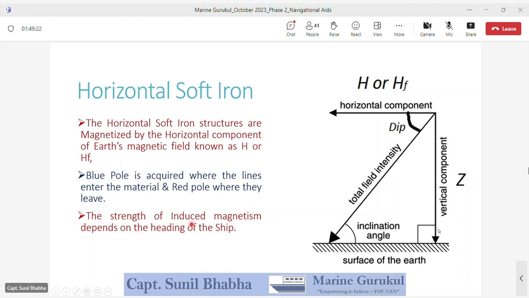Now, the strength of induced magnetism generated in a longitudinal, which is a horizontal soft iron structure, is such that when it is exposed to the magnetic field of the Earth, it acquires magnetism. But the strength of the induced magnetism depends on the heading of the ship. Let's understand this by taking this example.